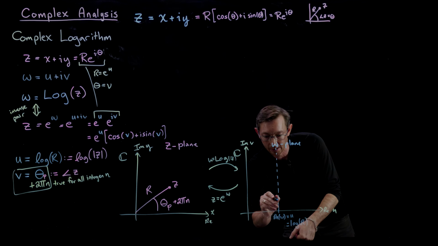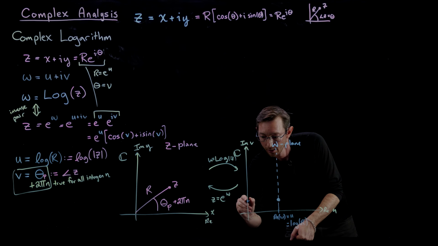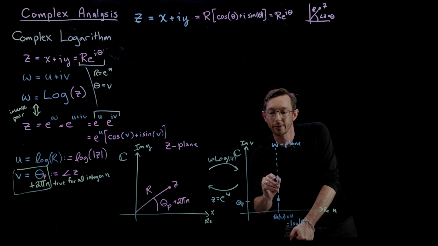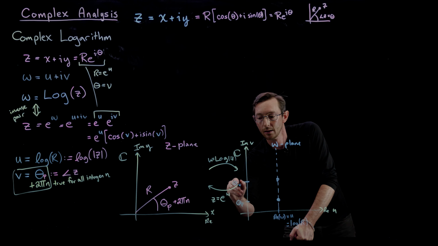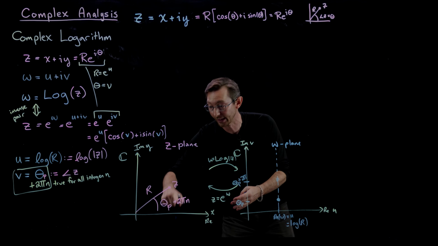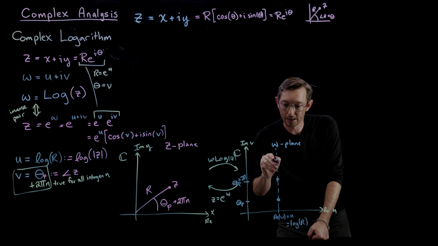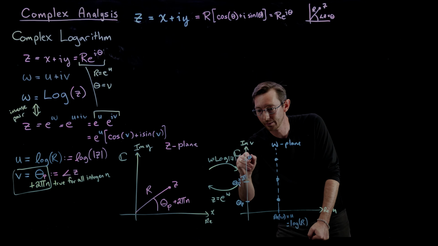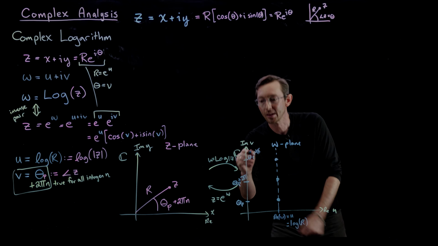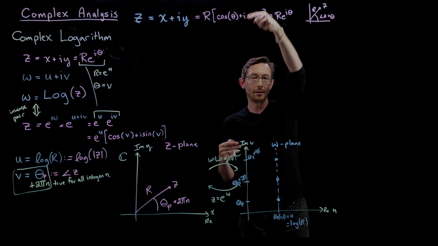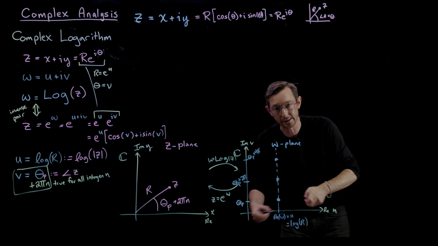It could be theta p. So this point here is theta p. But it could also be theta p plus 2 pi. That is equally valid. That's also z. It could be theta p plus 4 pi, and theta p plus 6 pi, plus 8 pi, plus 10 pi, 12, and so on and so forth, minus 2 pi, minus 4 pi.